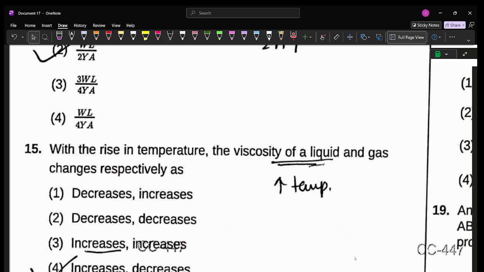Okay, let me just check that out. I know it is this way, but what the heck? With temperature, the viscosity of liquid decreases and for gases it increases. Why am I confused in this part?